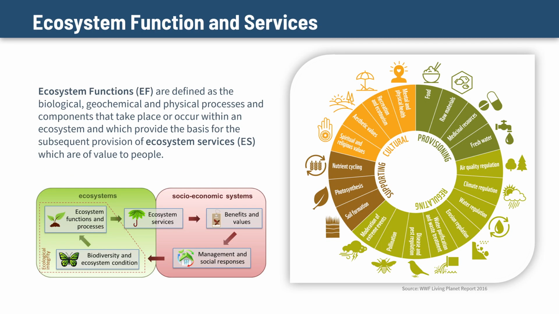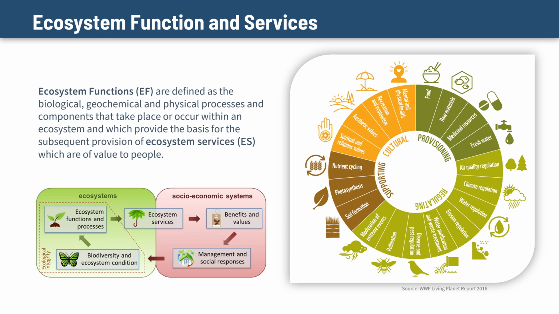In addition to the ecosystem services themselves, we're also interested in the biological, geochemical, and physical processes that are taking place within ecosystems to produce those services. So we refer to those as ecosystem functions.